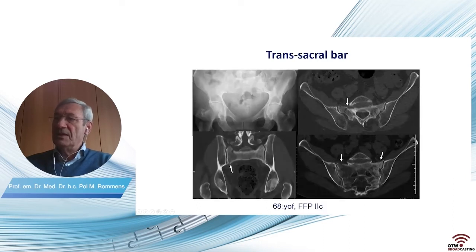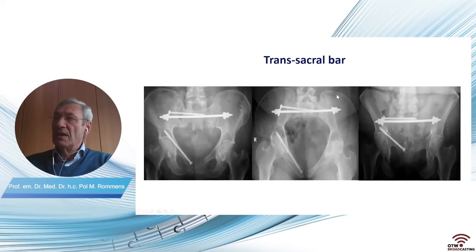An example here is a 68-year-old female with an FFP type 2C lesion. You see the complete fracture here, an incomplete fracture there. It was a conservative treatment which was unsuccessful. And here you see the pelvic AP, inlet and outlet view after the surgery.